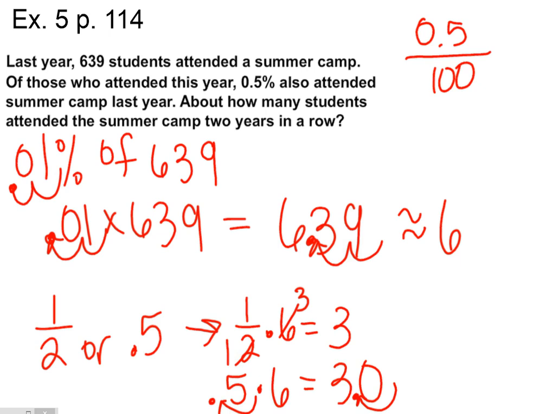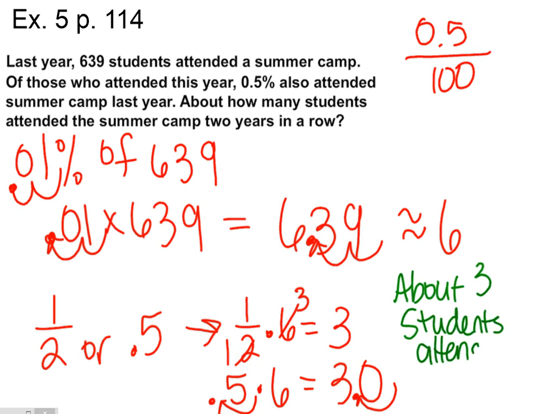So about, I'm going to write my sentence over here, about 3 students attended camp 2 years in a row. Okay, there's my explanation. And that is it for this lesson.